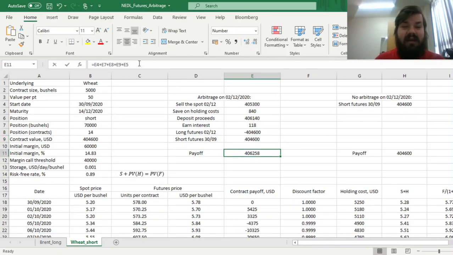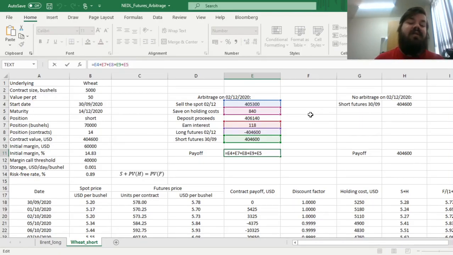And here we can account for the fact that we have got a very complicated payoff structure in this arbitrage case, so we add up all of our payoff components: the short selling of the spot, savings on holding costs, interest that we have earned from depositing the proceeds, and also the payoffs from 2 futures transactions, longing the futures on the arbitrage date and shorting the futures on the start date, 30th of September.